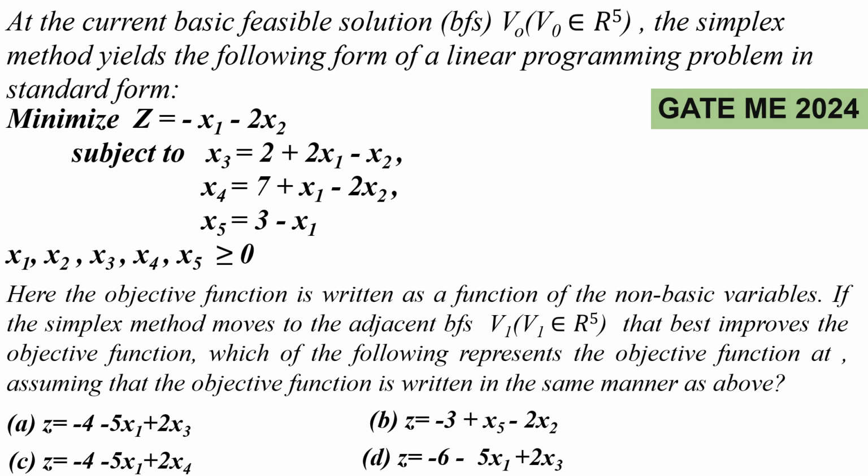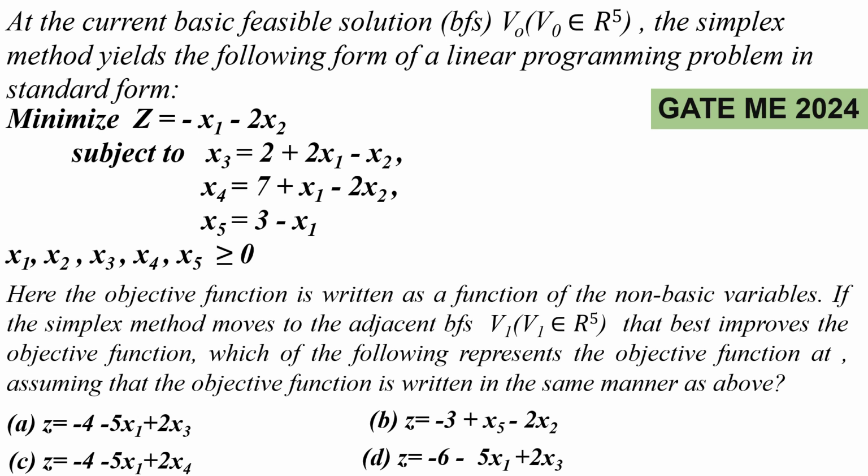Option A, z equal to minus 4 minus 5x1 plus 2x3. Option B, minus 3 plus x5 minus 2x2. Option C, z equal to minus 4 minus 5x1 plus 2x4. Option D, z equal to minus 6 minus 5x1 plus 2x3.